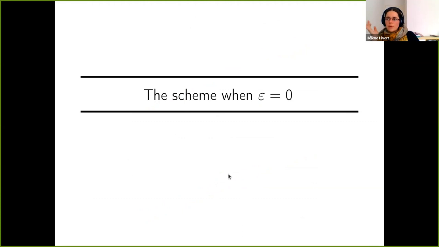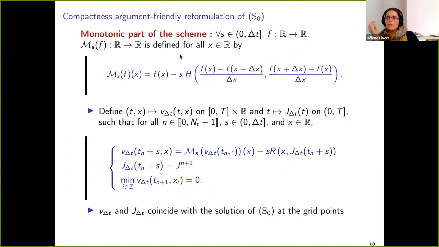So very quickly, when epsilon goes to 0, I won't give so many details, but if you are familiar with finite volume schemes and with compactness arguments for convergence, the idea is that you define a function over 0, theta cross R, which coincides with the scheme at the grid points. Why are we extending the definition of the scheme into a function?